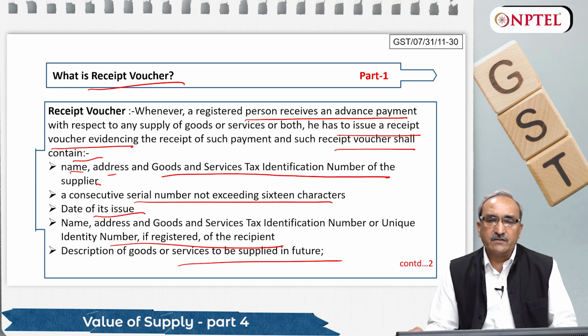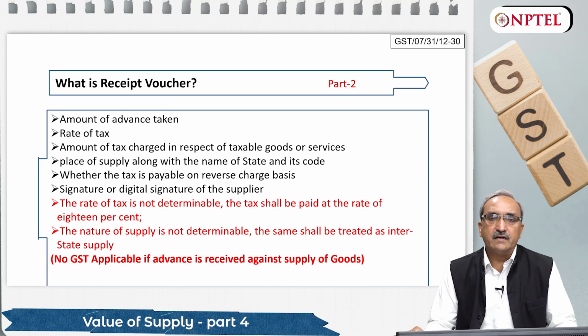So when you are receiving advance, you need to issue a receipt voucher that yes, advance is received from such and such person for such and such goods or services. It is evidence that yes, payment is made as a consideration for the supply of goods in future.